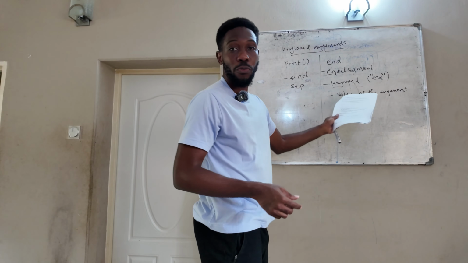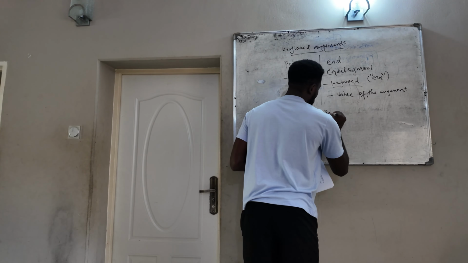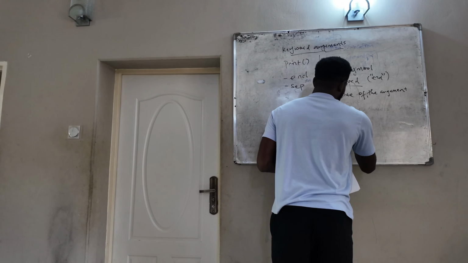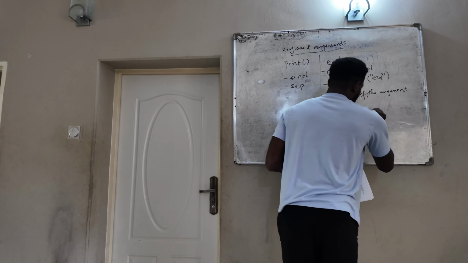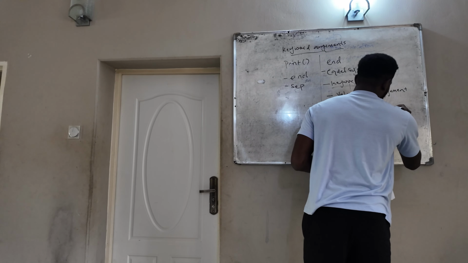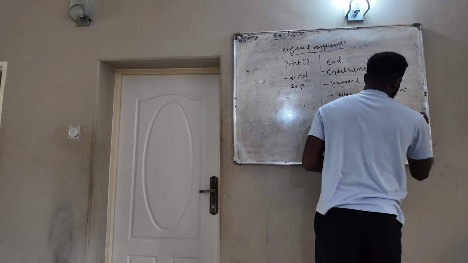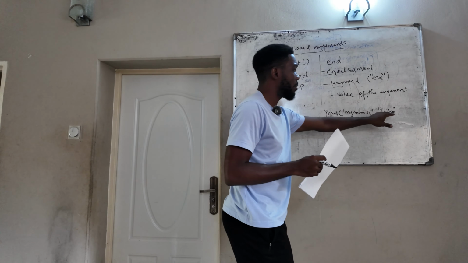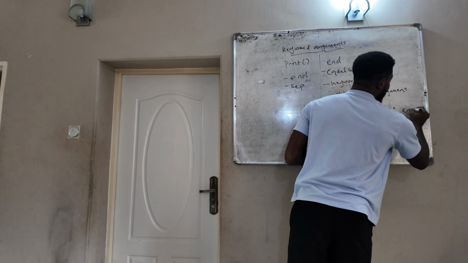Okay, so let's take an example for the end. So print "my name is", "Psycho". So I've put the first positional argument, the second positional argument, and now comes the keyword argument.